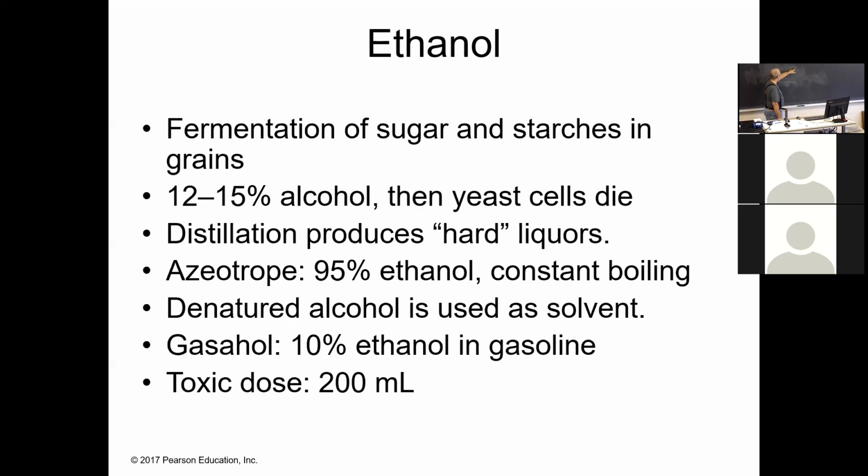And then up here, we've distilled this all the way, and then we've got just the second component, and then we've got a level curve here. Now with an azeotrope, we'll get a level curve, and it's not a pure compound. Okay, it turns out that 95% ethanol, 5% water, actually has a lower boiling point than 100% ethanol.